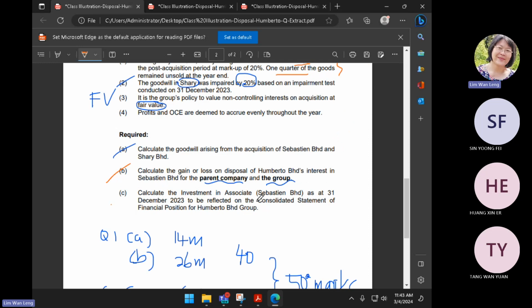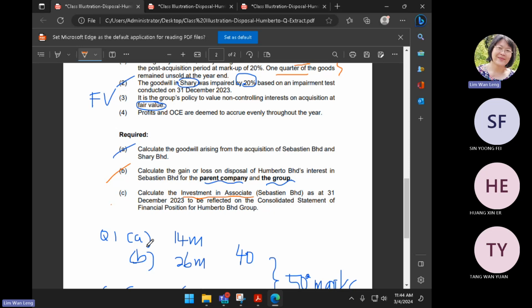Because remember, the investment in Sebastian at the end of the year would have a status as an associate. So they ask you to calculate the investment in the associate. You still have to calculate. Why? Because Sebastian became an associate not at the year end.